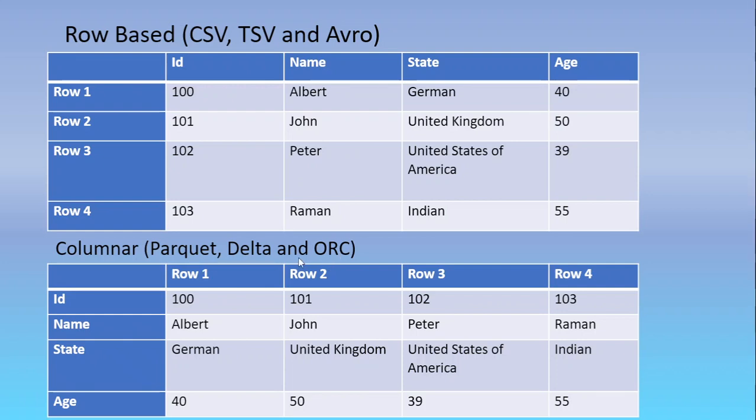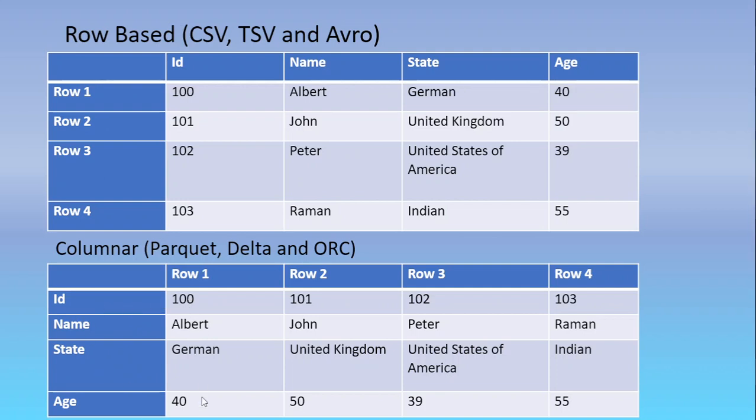Here you cannot read the data with your eyes. It is not a human readable format. But behind the scenes, the data is stored in this format based on columns. So you can see you have column wise data.